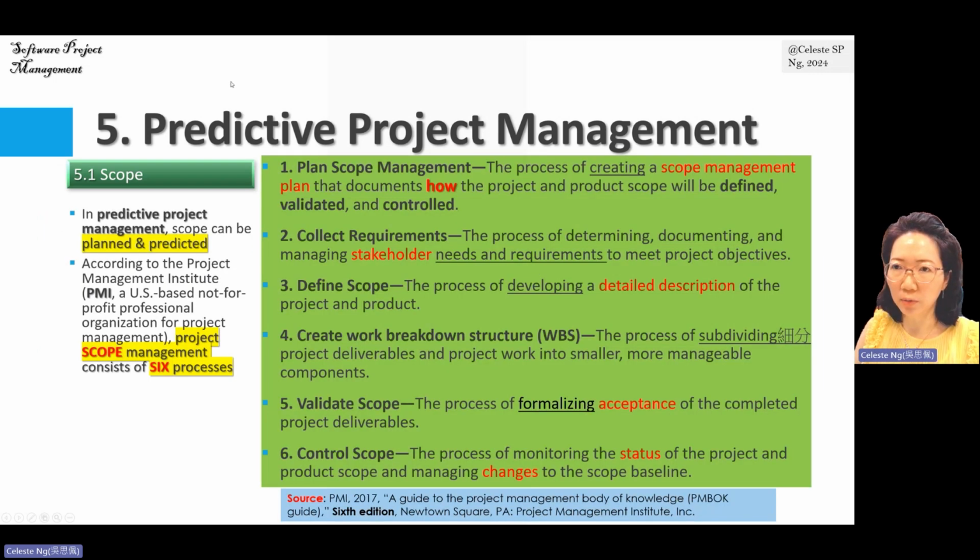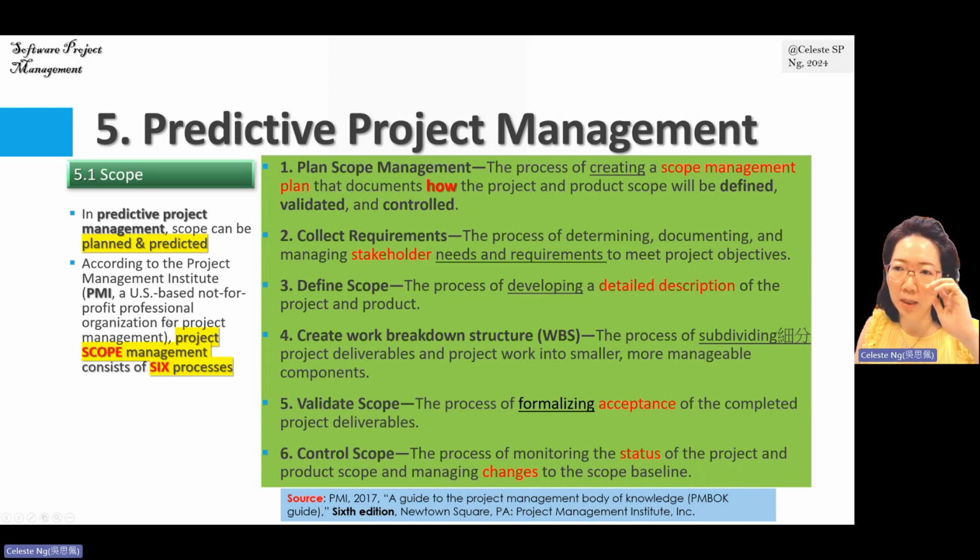Now, let us look at project management scope. We know that in this section, we are talking about predictive project management. In the predictive project management environment, scope can be planned and can be predicted.